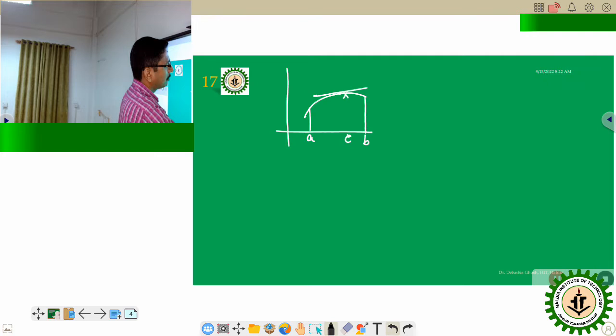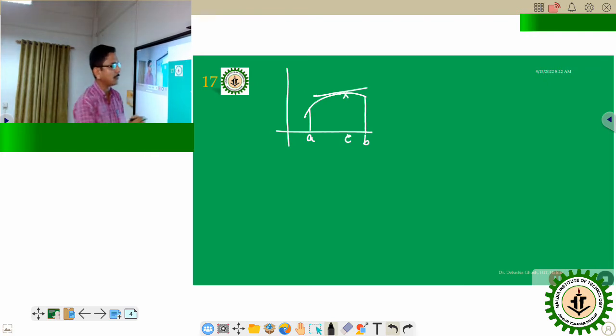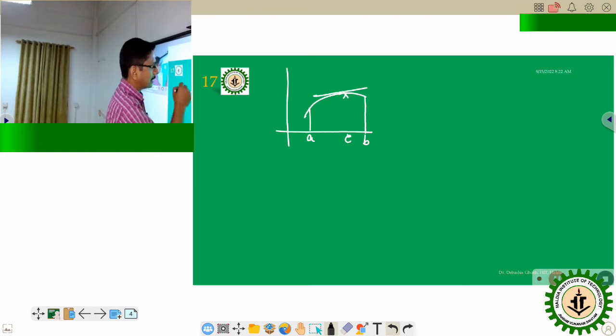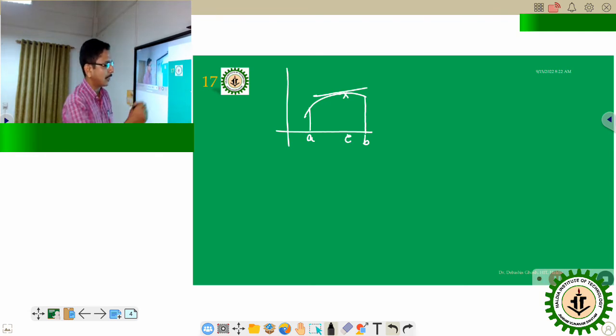We can claim that this tangent makes an angle with the positive direction of the x-axis, so that slope is denoted by the derivative of that function also.